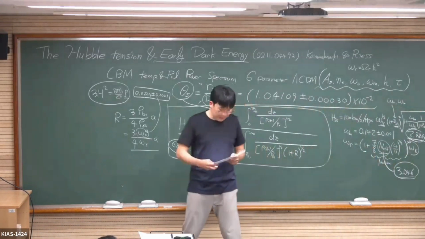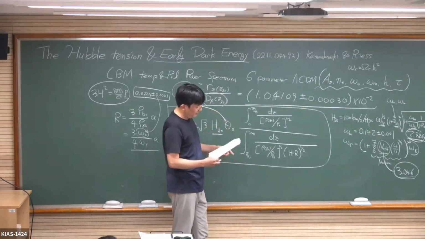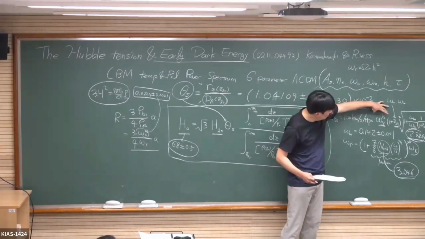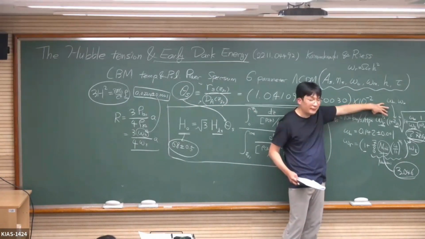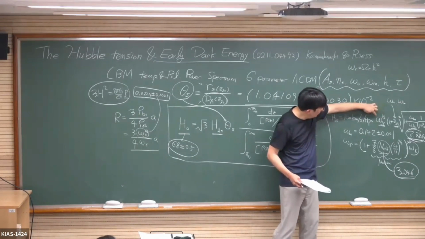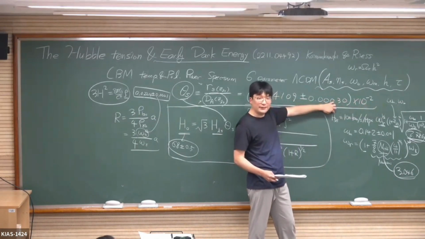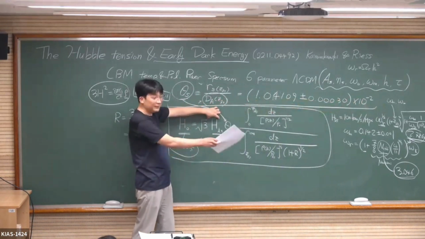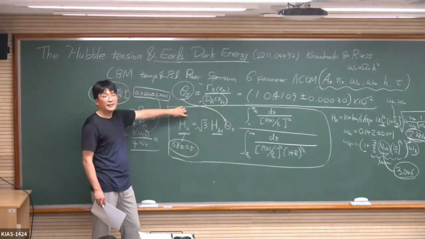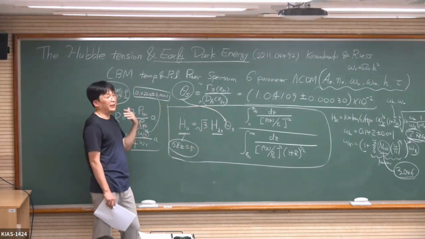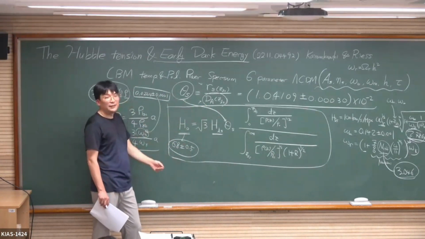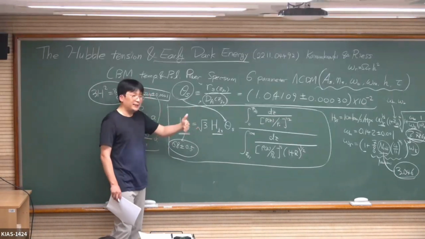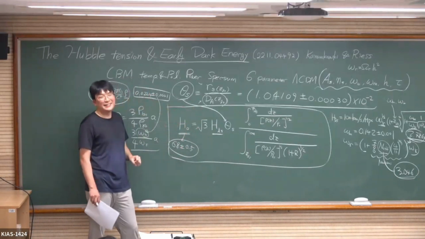If you include that in N effective, then you raise omega_R, then you raise H_LS. And if you raise H_LS, fixing everything else, then you raise H naught. That's why people say, if I increase N effective, you can make the Hubble tension milder because you can increase H naught.